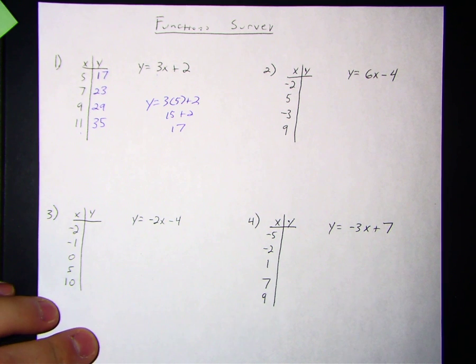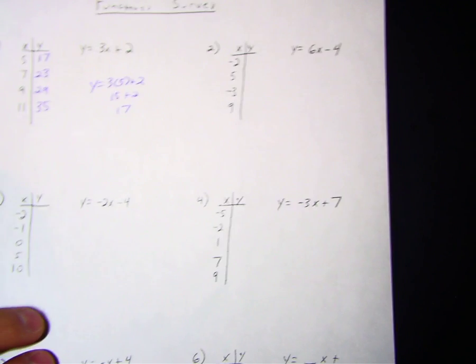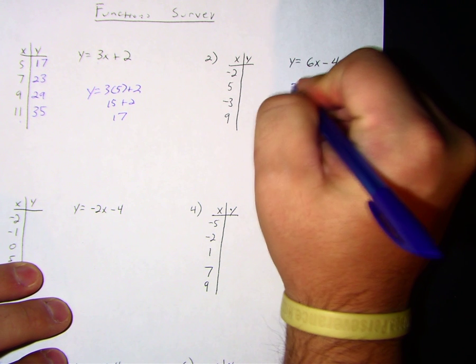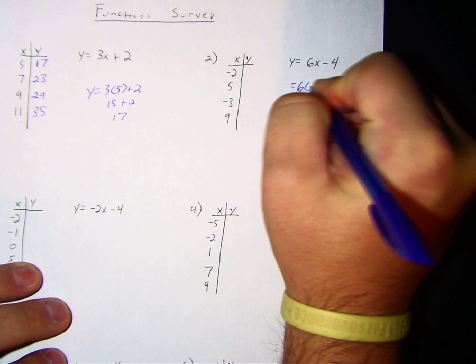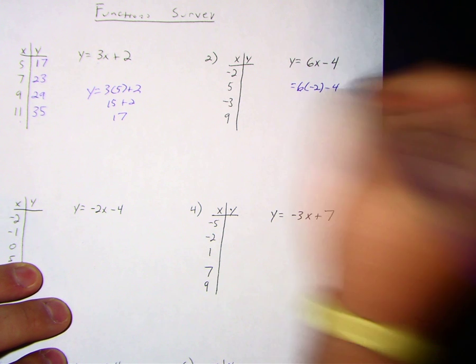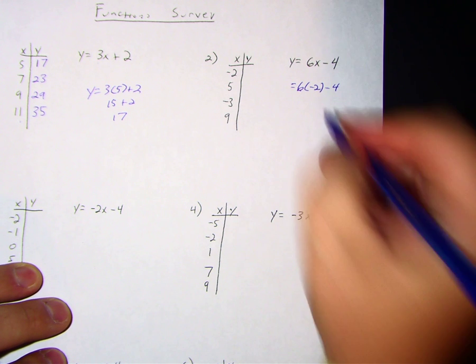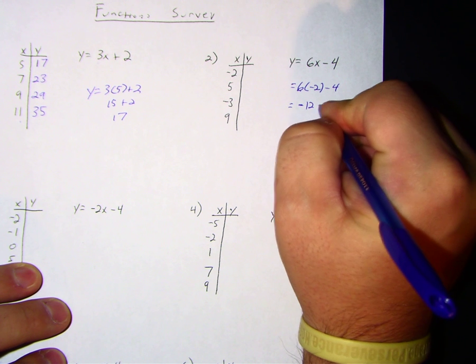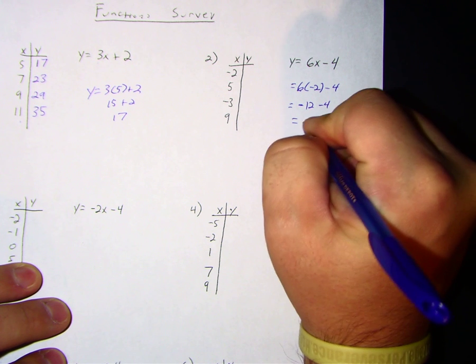The second one here was a little bit different because I threw some negative numbers in there. So you have 6 times negative 2 minus 4, and this is where a lot of you got confused. So this is negative 12 minus 4, which is negative 16.